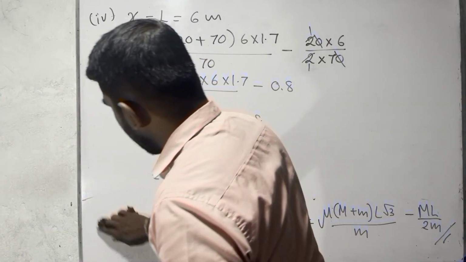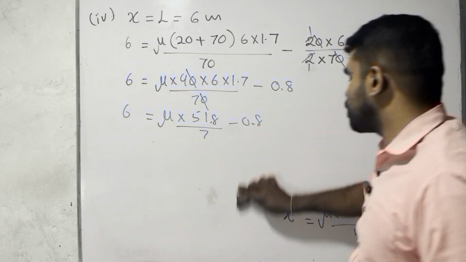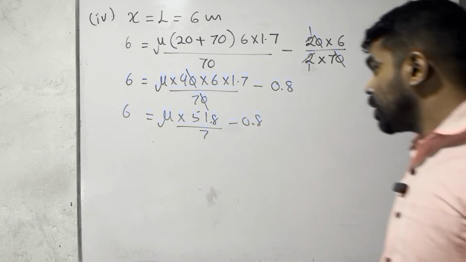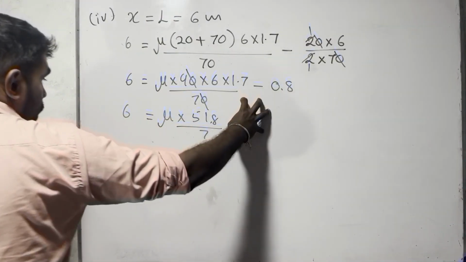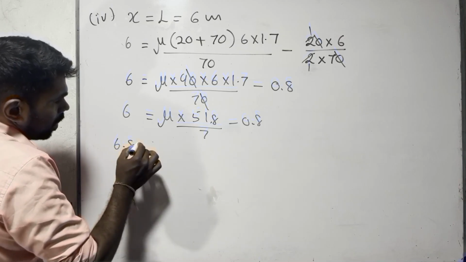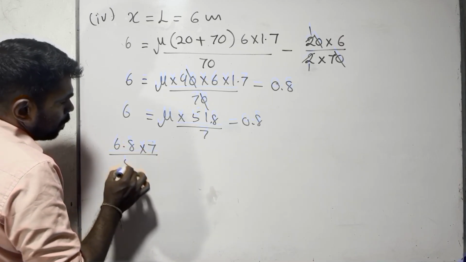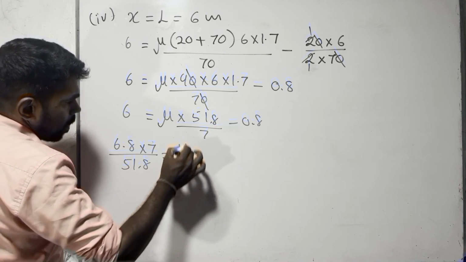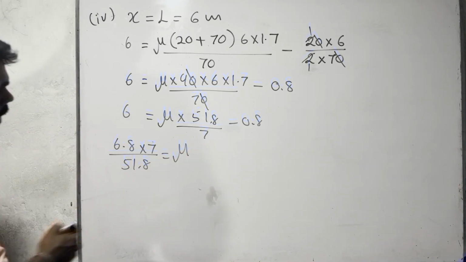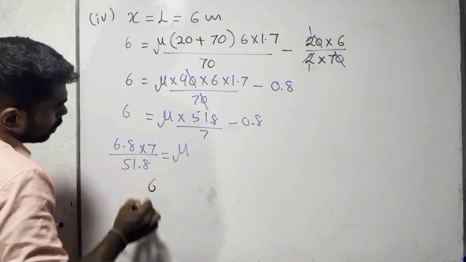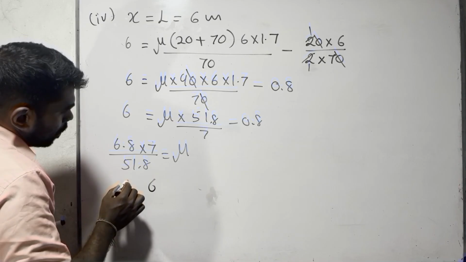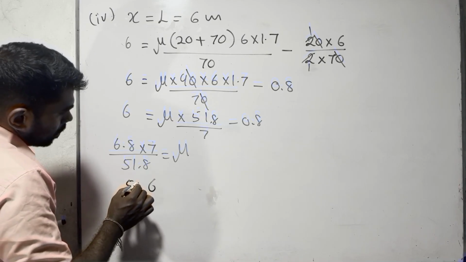Then I will bring the minus 0.8 value to the right hand side. Sorry, 0.8 to the left hand side. 6.8 multiplied by 7 divided by 51.8. 7 into 8, 56. 5 remaining. 7 into 6, 42 plus 5, 47.